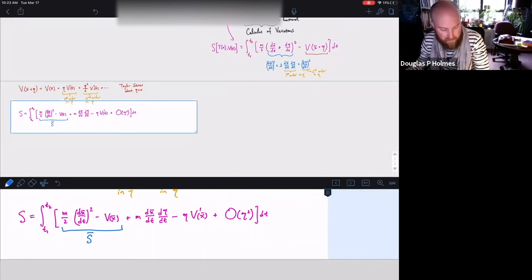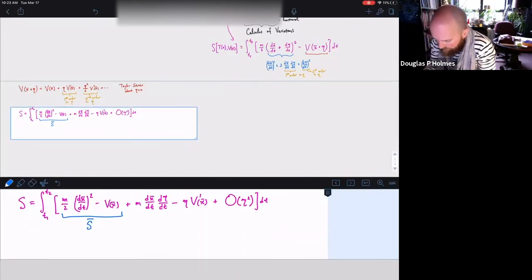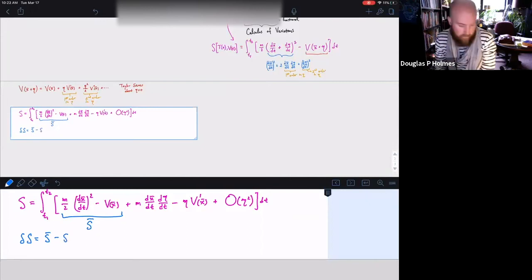Okay, that's nice because now we can define our variation in our action as S bar minus S. It's the first variation because we didn't include any higher order terms in eta.